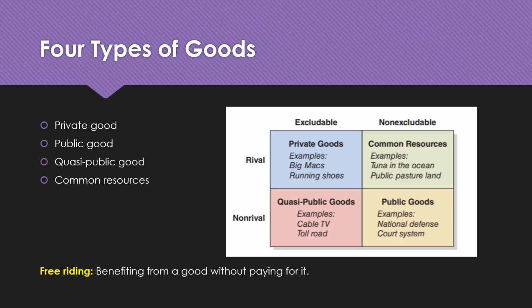But it's also non-excludable because it's essentially whoever catches the fish first gets it. Someone else could be in a boat near me and they can catch the same fish. So it's rival because it's whoever gets it, but it's kind of a free-for-all as to who gets to it first. And then the last category is a public good.